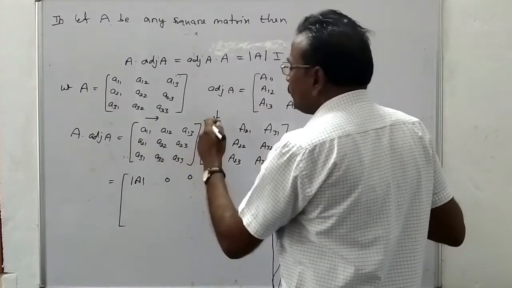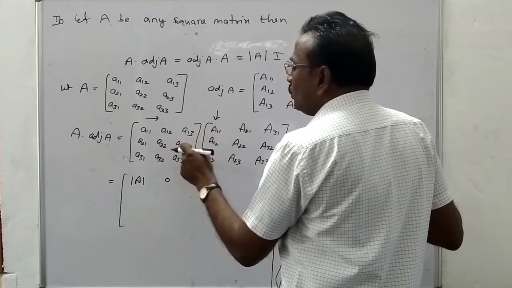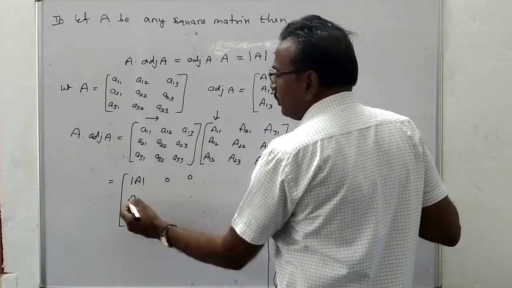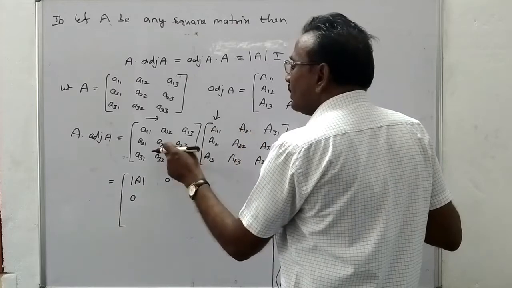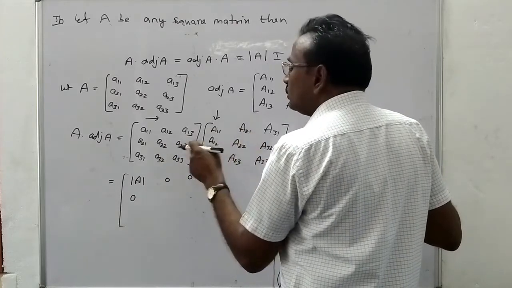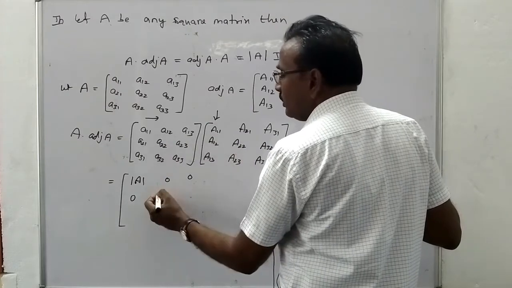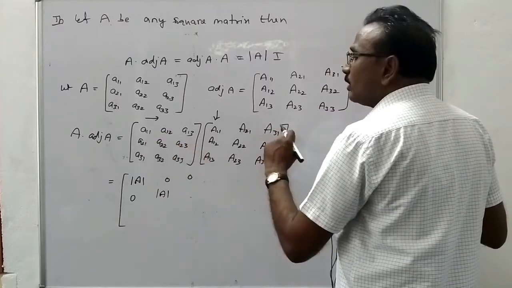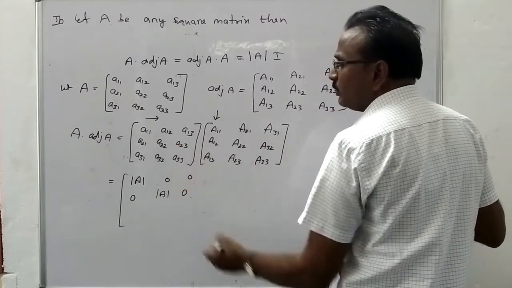Next, second row with first column: A21 capital A11 plus A22 capital A12 plus A23 capital A13. The suffixes are different, the value is 0. Next, A21 into capital A21 plus A22 into capital A22 plus A23 into capital A23. Here the suffixes are the same, the value is the determinant of A. And second row with third column, A21 into capital A31, the suffixes are different, the value is 0.